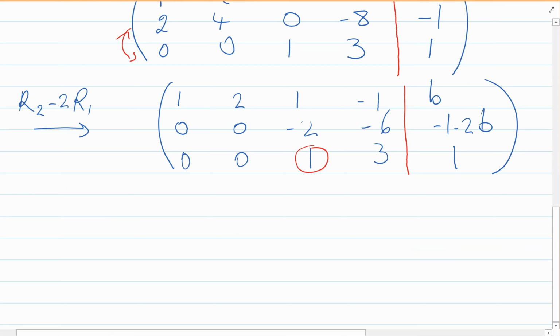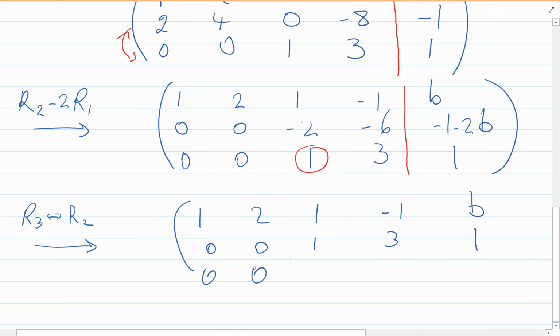Let me exchange row 3 with row 2. So we go row 3 into row 2. So we'll get 1, 2, 1, minus 1, b, 0, 0, 1, 3, 1, 0, 0, minus 2, minus 6, and minus 1 minus 2b.